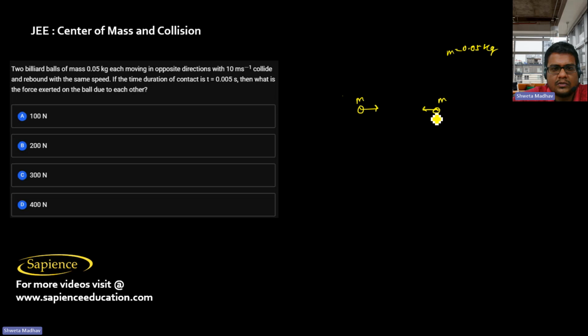They are moving in opposite directions with the same initial velocity of 10 meter per second, collide and rebound with the same speed. So after collision, they will again rebound with the same speed. If the time duration of contact is 0.005 seconds, then what is the force exerted on the balls due to each other? So the impact force during collision has been asked.